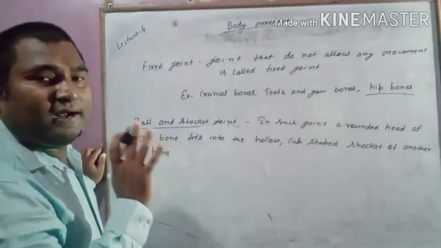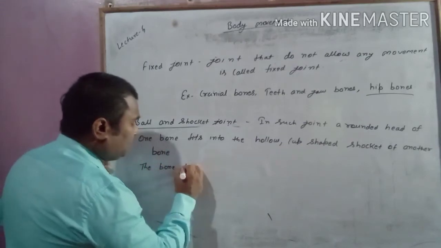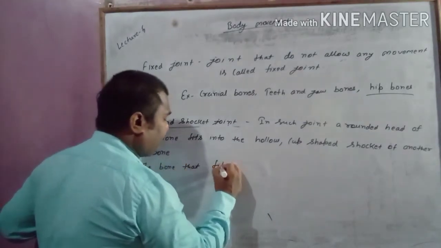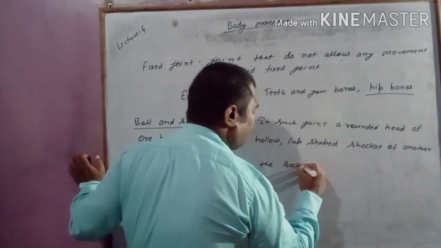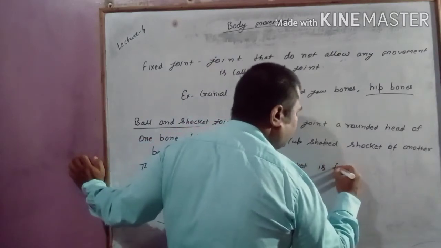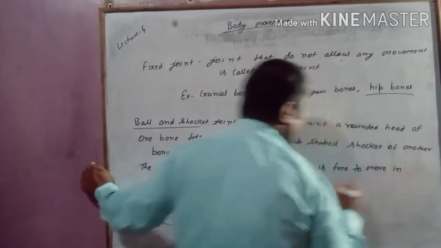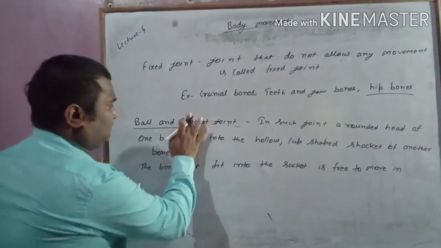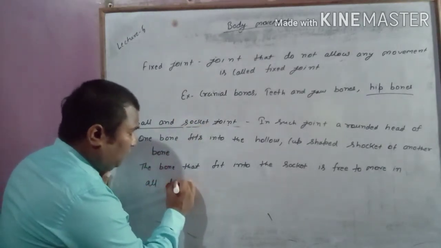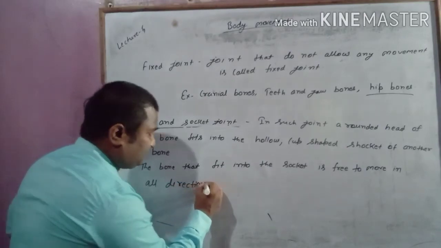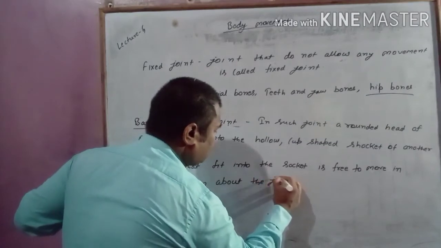This is called a ball and socket joint. The bone that fits into the socket is free to move in all directions about the joint.